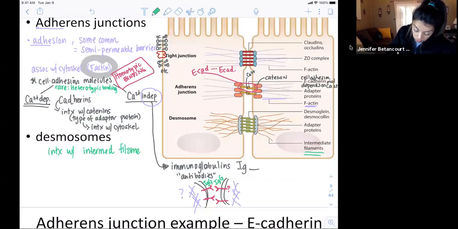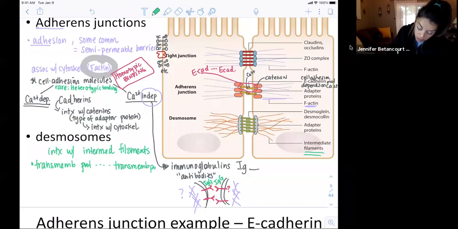Why? I don't know. Okay. But the rest is the same. They still have a transmembrane protein that interacts with the neighboring cell's transmembrane protein. They still use adapter proteins, and the adapter protein is what interacts with the intermediate filament.